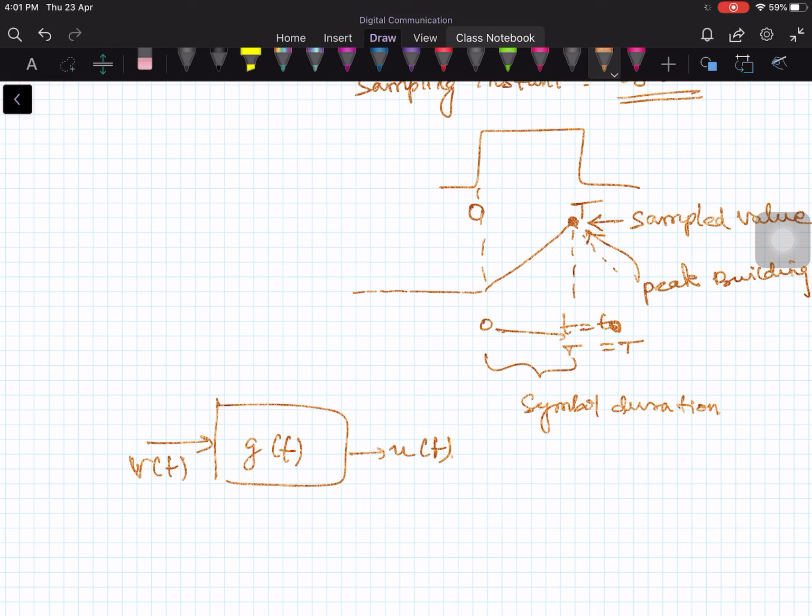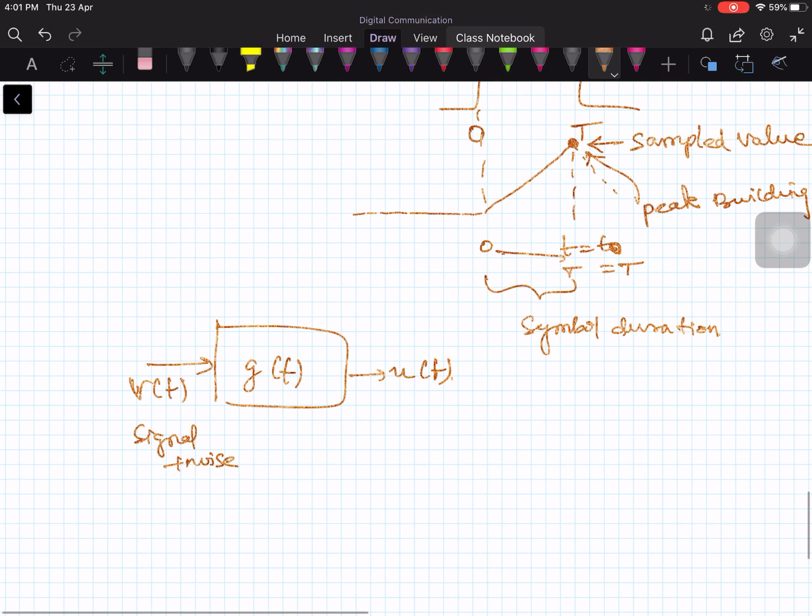What we'll try to understand is, with this kind of input which contains signal plus noise, what kind of output you are going to get, particularly at some pre-chosen sampling instant. Our pre-chosen sampling instant is t equal to capital T. Now the input is not alone signal, but also contains noise. If this is the case, what type of output can you expect? That's our question.